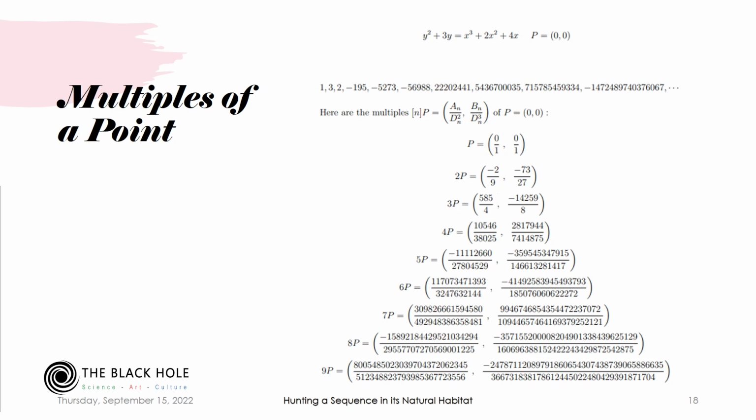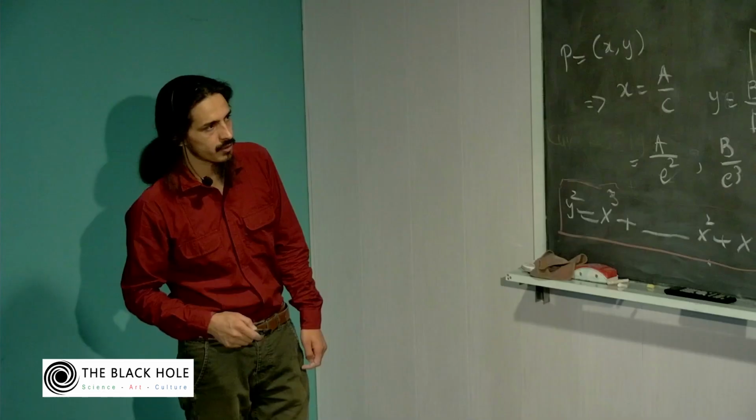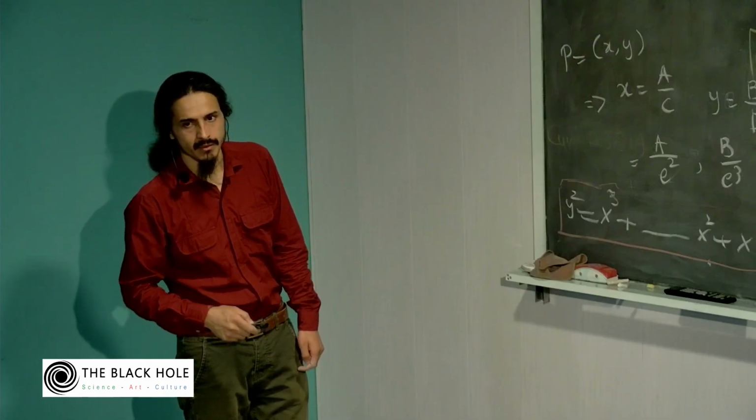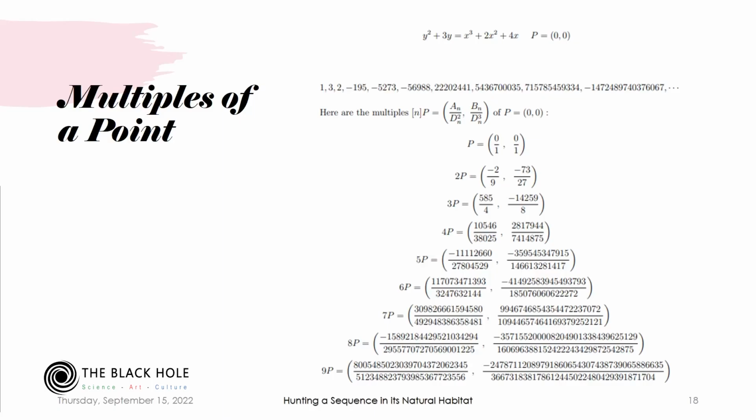This type of addition of a point to itself is quite easy. For example, if we want to find 8P, we can do this by adding 3P to 5P, or if we have 4P, we can double it, adding 4P to itself to get 8P. So the application of this algorithm is not very difficult.